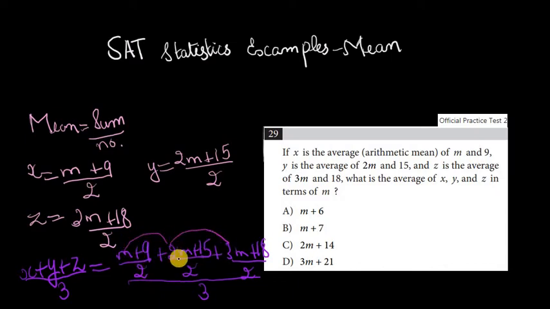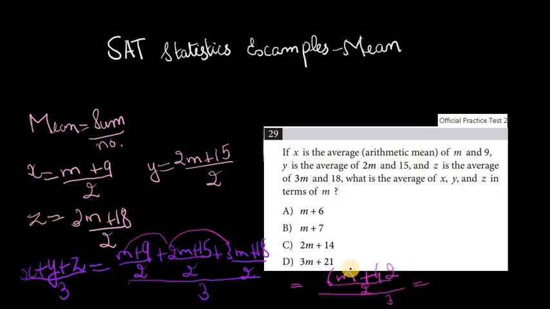So it's going to be m plus 2m plus 3m, which is going to be 6m, plus 9 plus 15, that's going to be 25, right? Sorry, it's going to be 24, plus 18 is going to be 42, divided by 2, because that's the common denominator, and all of that divided by 3.